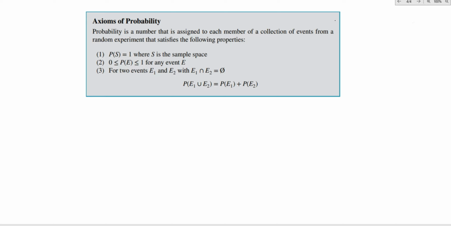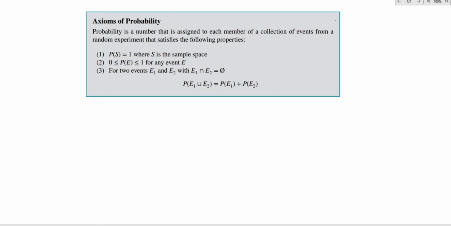So we have the first property: the probability of S should be equal to 1, where S is the sample space. What this means is that if you are performing an experiment, you are going to get some results or outcomes.